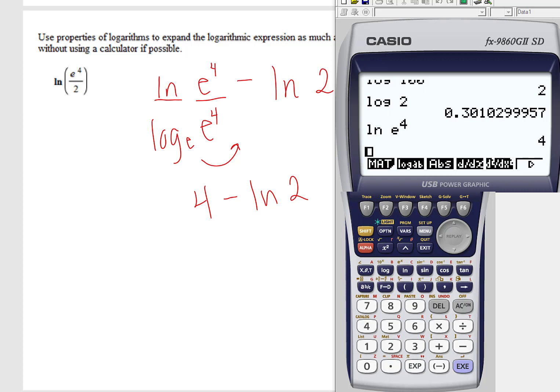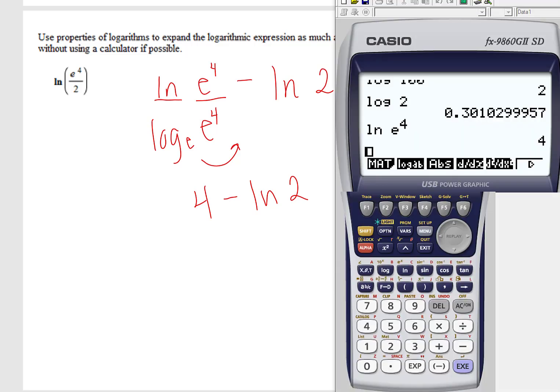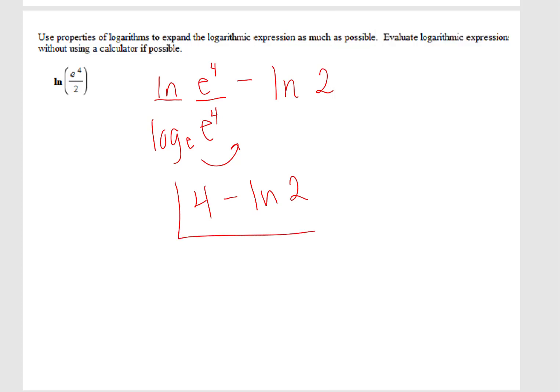That's that inverse property. So we get 4, and then let's say that I was like, oh, well, what about ln 2? You could check it. You're going to get a crazy number, so you would leave it as is. And this would be your answer. So after you expand, make sure that you simplify.